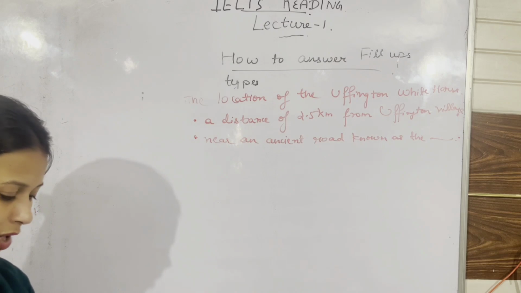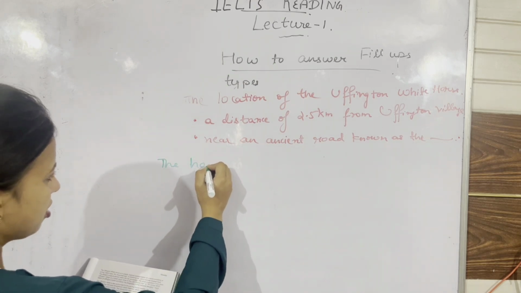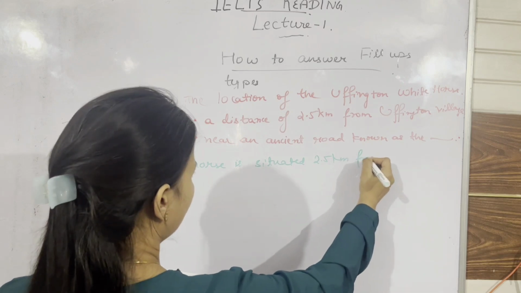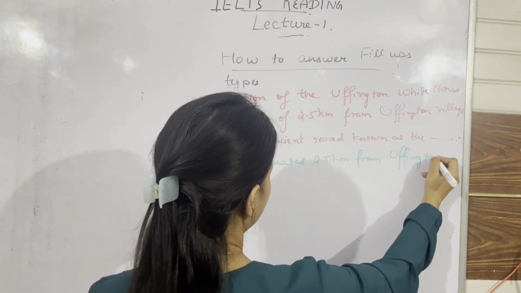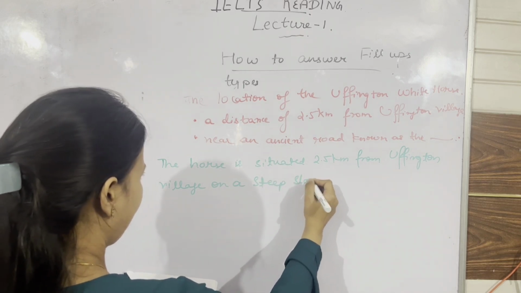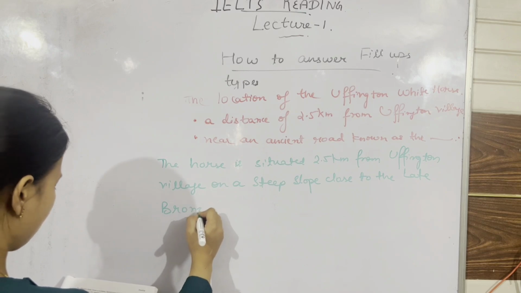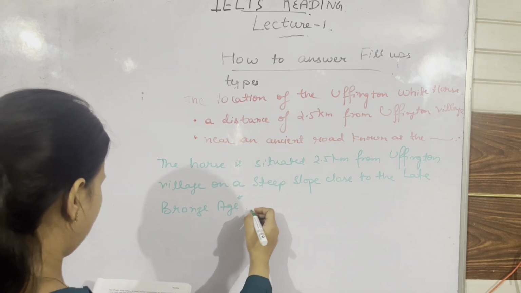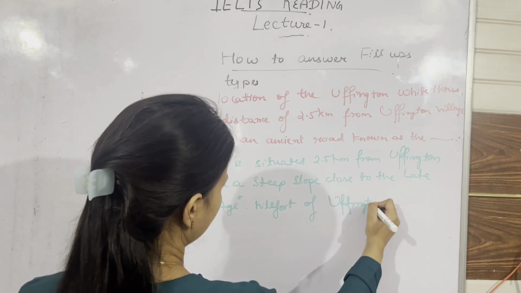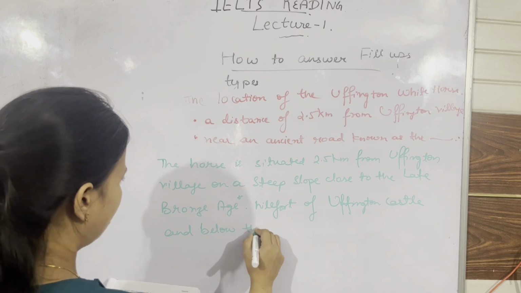Fine. Now if I locate this information, it is written here: the horse is situated 2.5 kilometers from Uffington village on a steep slope close to the late Bronze Age hill fort of Uffington Castle, below the ridgeway.